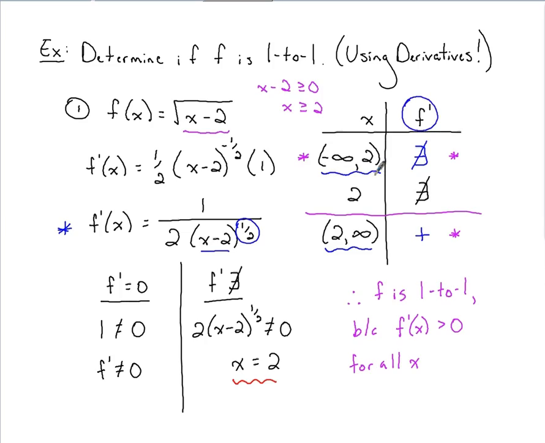So if you have it in the chart, that's okay. You just find that it does not exist because it didn't work for the domain in the first place. But if you exclude it from the chart because you know something about the domain, that's even better, right? You can just include this part down here, and analyze the sign you're getting back for the derivative. Whatever that sign is, that sign is telling you right here why this function is 1 to 1.